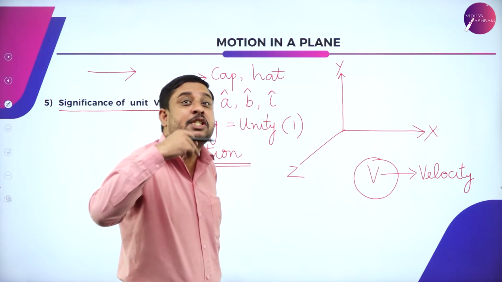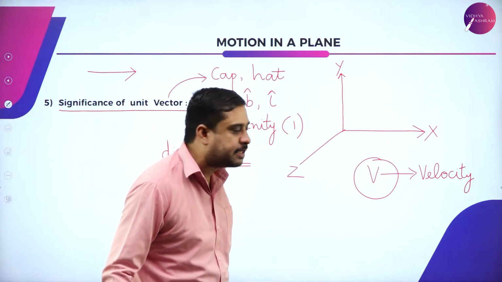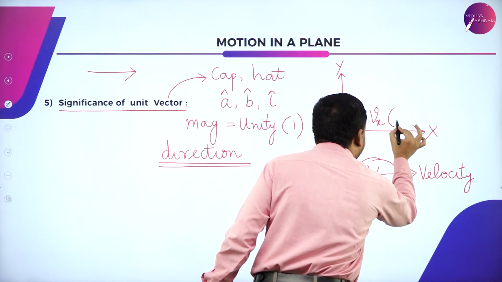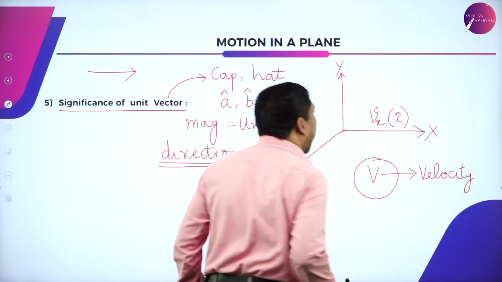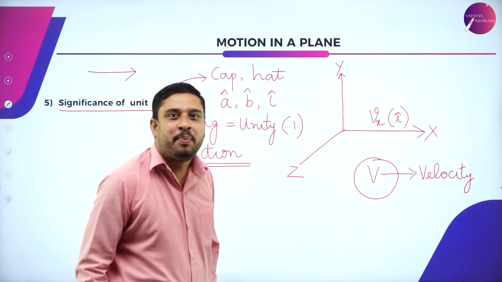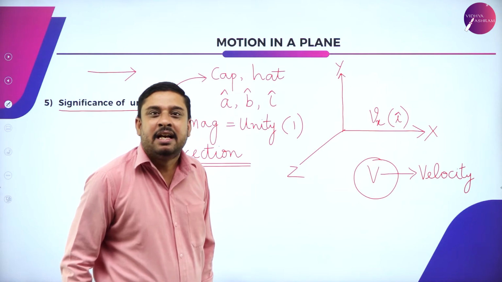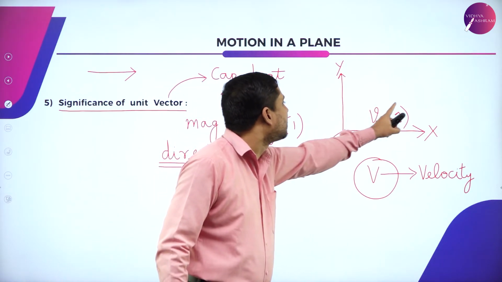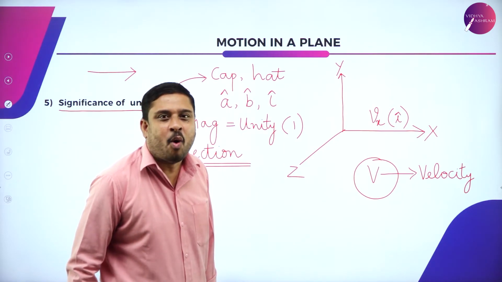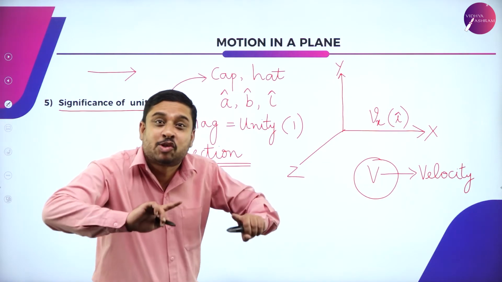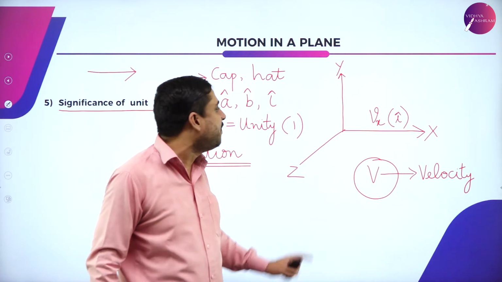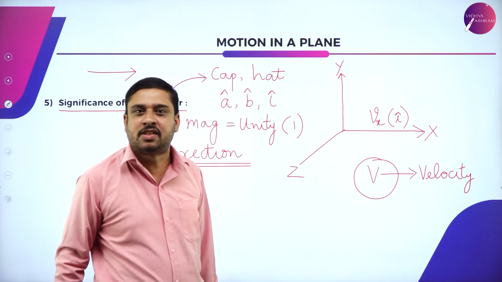Then what will be its velocity along the x-axis? I indicate Vx of I cap, meaning I cap indicates the direction of velocity along the x-axis. Beautiful. See how the unit vector is resolving the velocity, breaking the vector in specified directions.